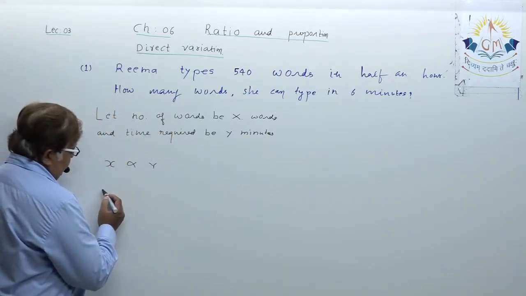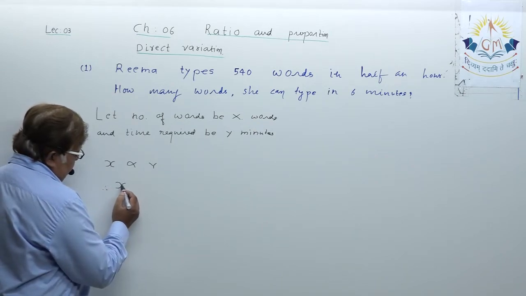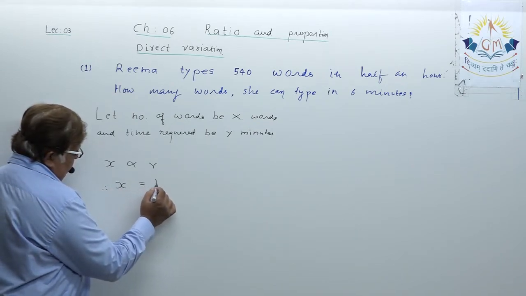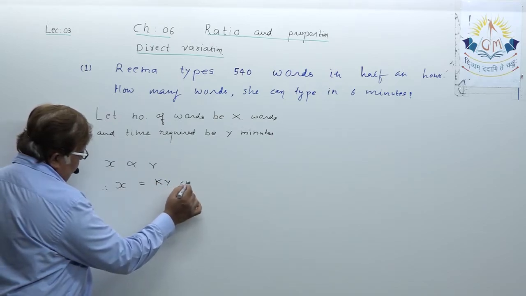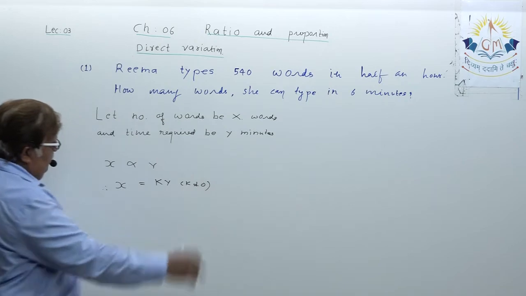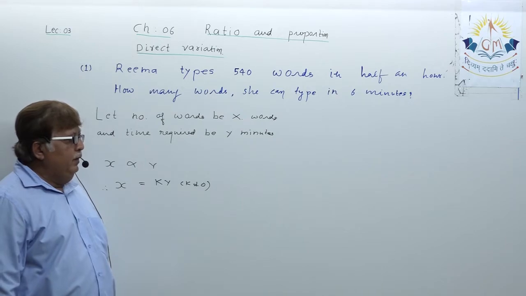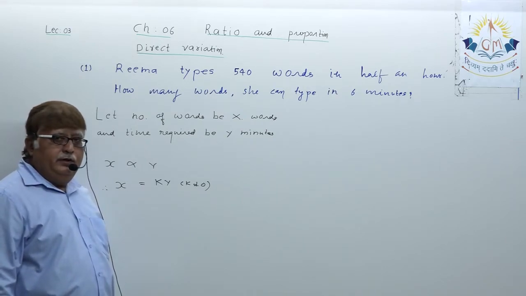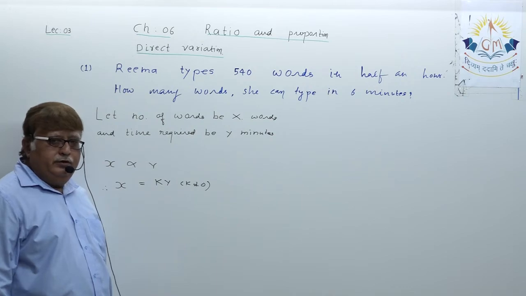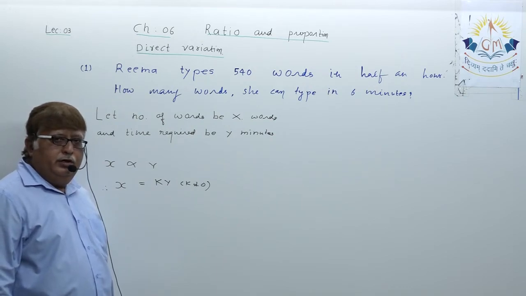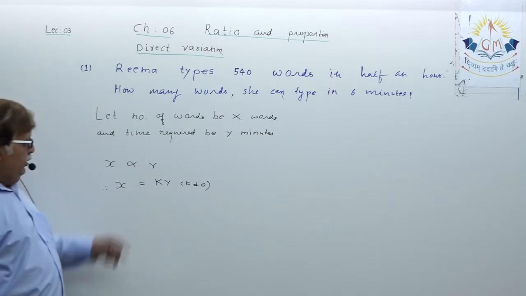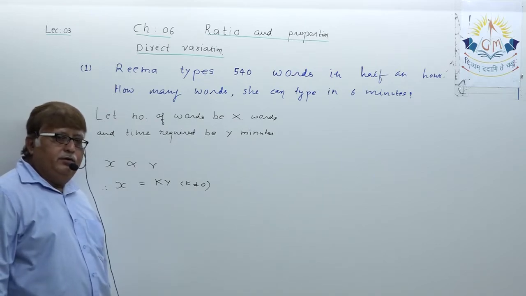Therefore, I can write x = ky, where k is not equal to 0. First step of the sum: identify two variable quantities, one termed as x, one as y. Here x is the number of words, y is the time required to type those words.